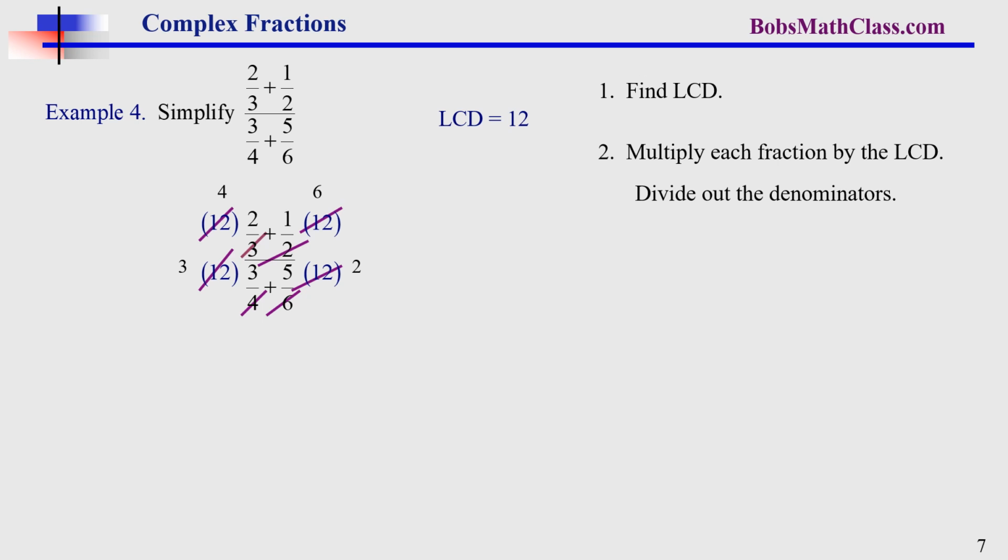So on the top, we're going to get 8 plus 6. On the bottom, it's going to be 3 times 3, which is 9, plus 5 times 2, which is 10. Okay, 8 plus 6 on top, 9 plus 10 on the bottom. And then simplify that, 14 over 19.